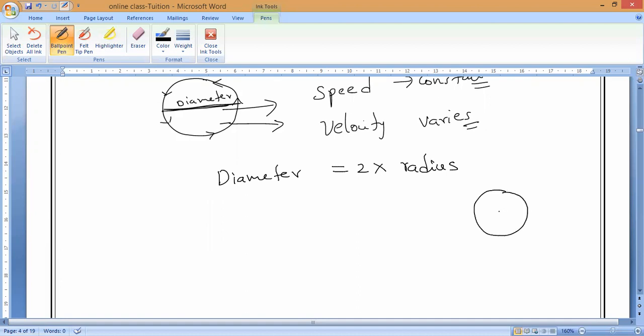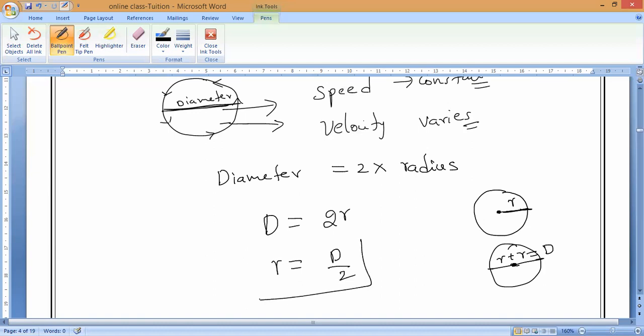From the center to the line is called the radius. If you take R plus R in any direction from the center, that is equal to the diameter. So diameter D is equal to 2R, and R is equal to diameter divided by 2. Okay? That is how to remember.